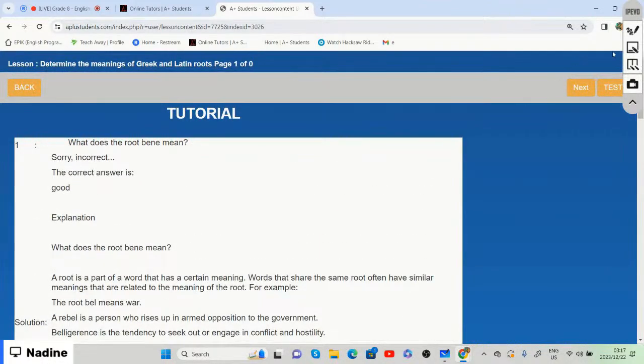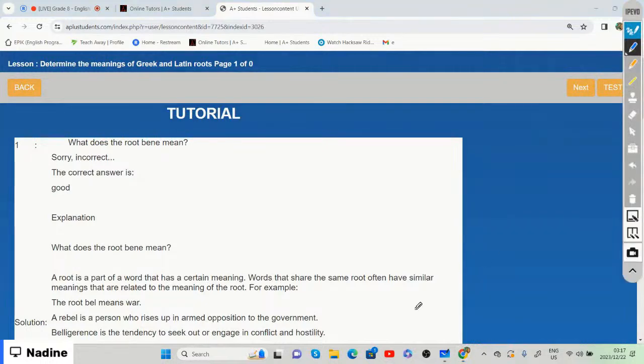So if benefactor has something to do with good, then bena means good.